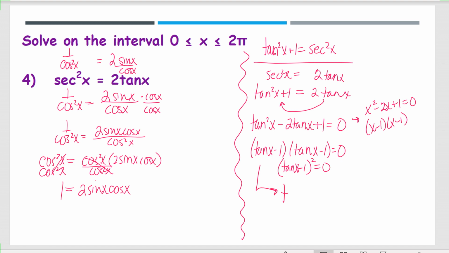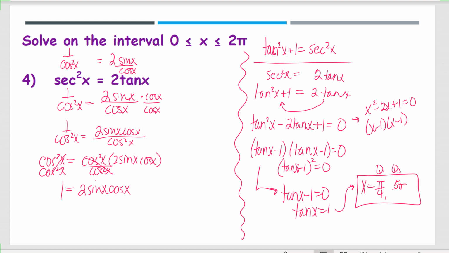You're still going to solve by setting tangent of x minus 1 equal to 0, add 1 to each side, and then when you take the inverse, you determine where tangent equals positive 1. It's positive in quadrants 1 and 3, and it equals 1 at pi over 4 radians. So at pi over 4 in quadrant 1, and then in quadrant 3, that's going to be 5 pi over 4.